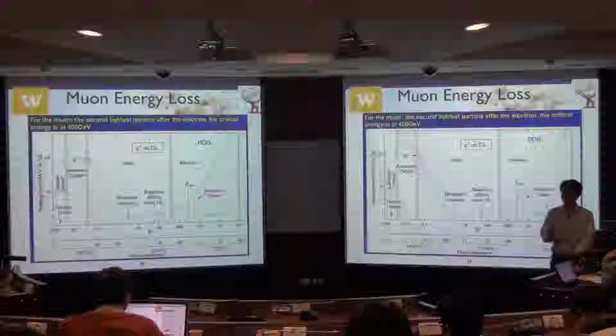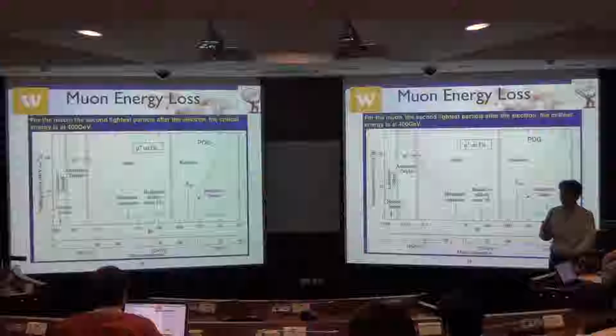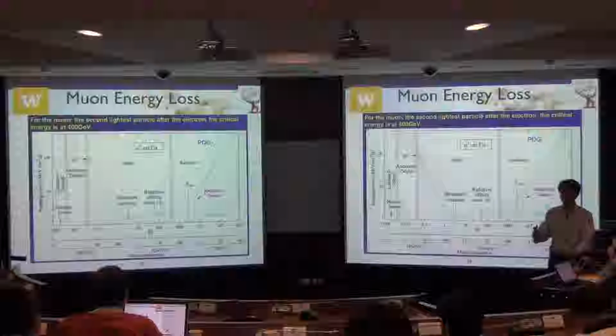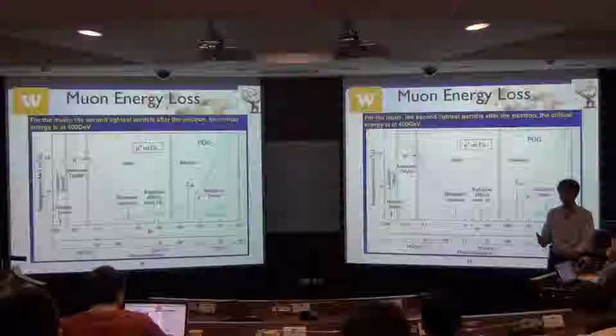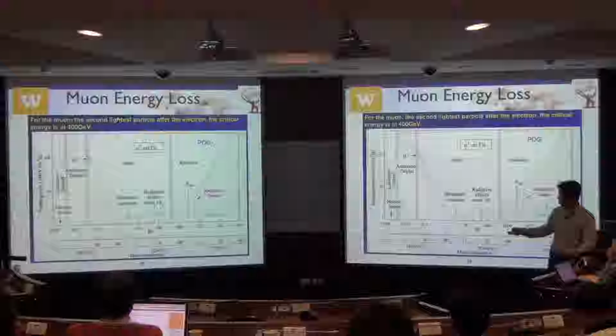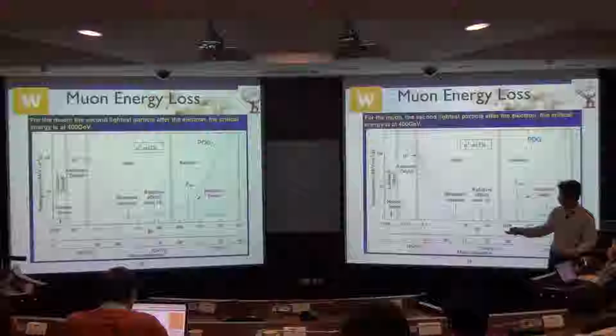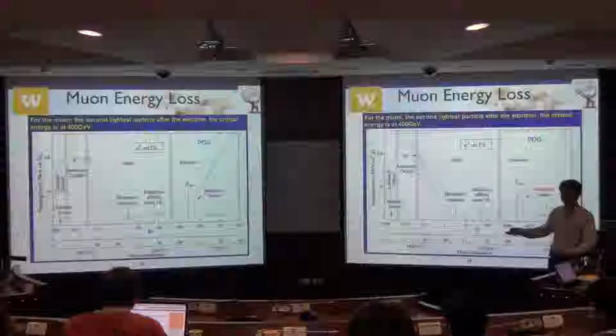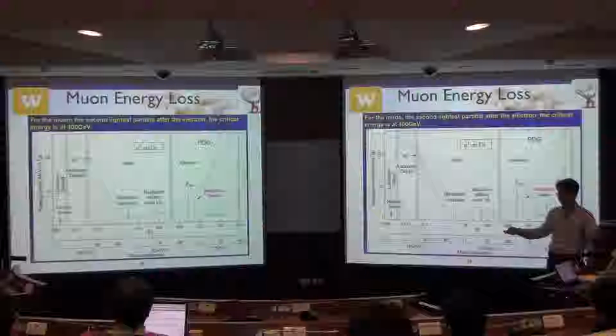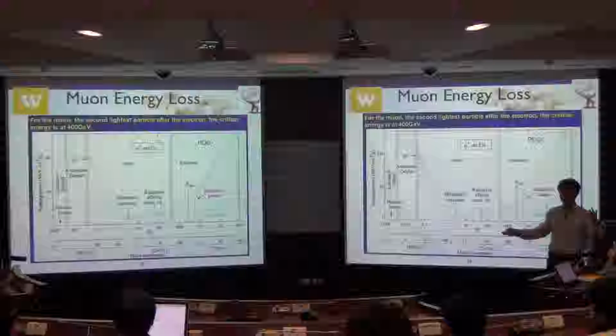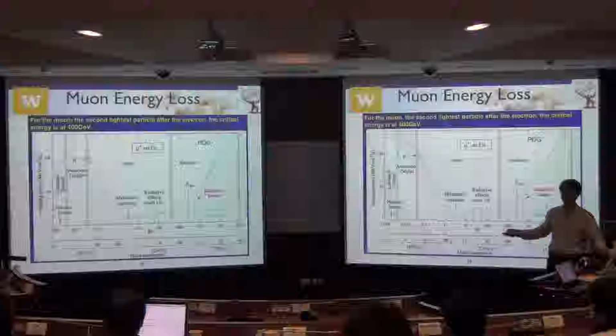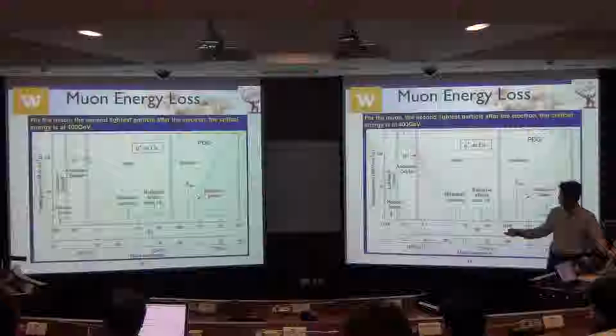In terms of the momentum range that we care about in the Large Hadron Collider, most of the muons are produced within this range. If you have a Z boson, 90 GeV, decaying to 2 muons, their transverse momentum is usually 40 GeV.